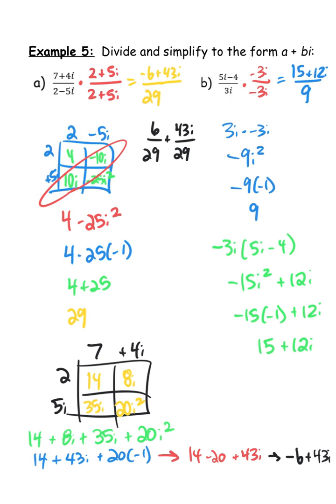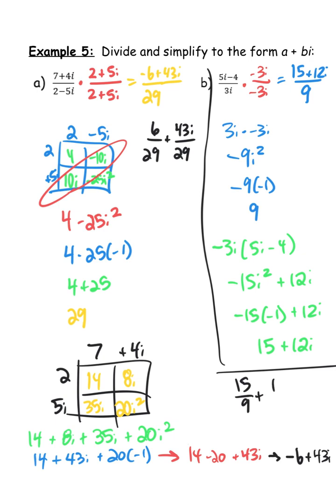So for my final, you get 15 over 9 plus 12i over 9. Then if I want to simplify that, I can divide this by 3, 5/3, plus I can also divide this by 3, 4i over 3 as my final answer. So yes, there's a lot going on with that, but that's what the final answer is for that problem.